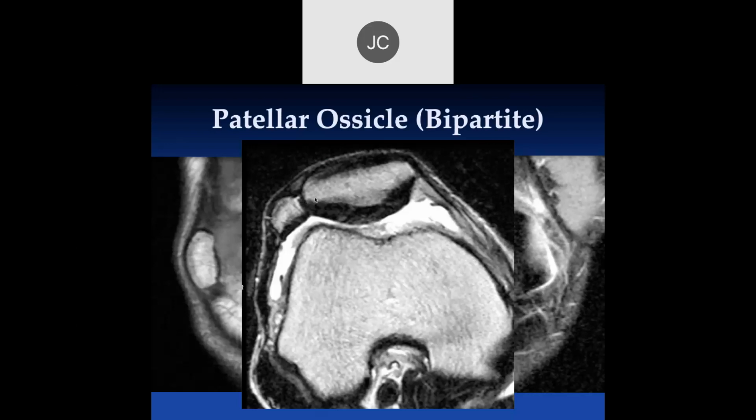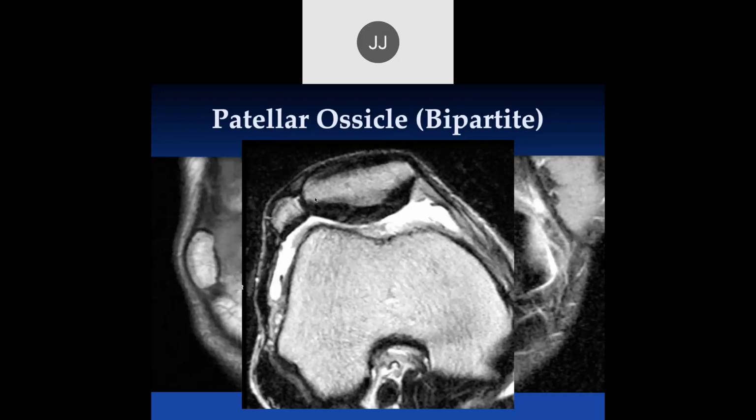John, did you want to tell us something about bipartite patellas? Well, you can peel that out surgically and reattach the soft tissue to the large patella. So you can do it surgically or let the patient live with it if they want to.